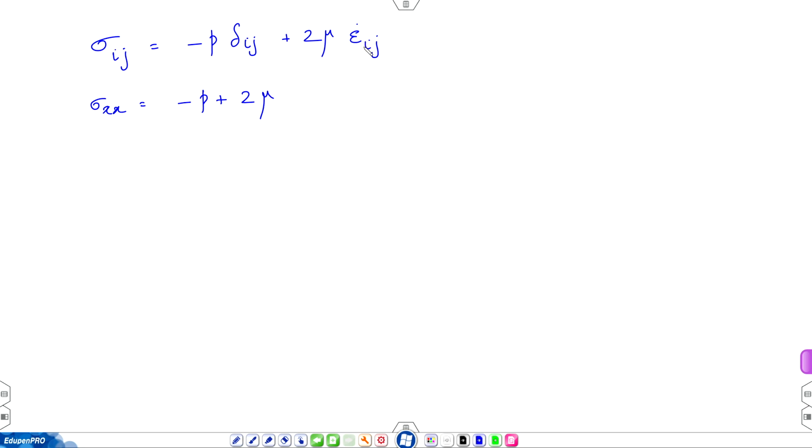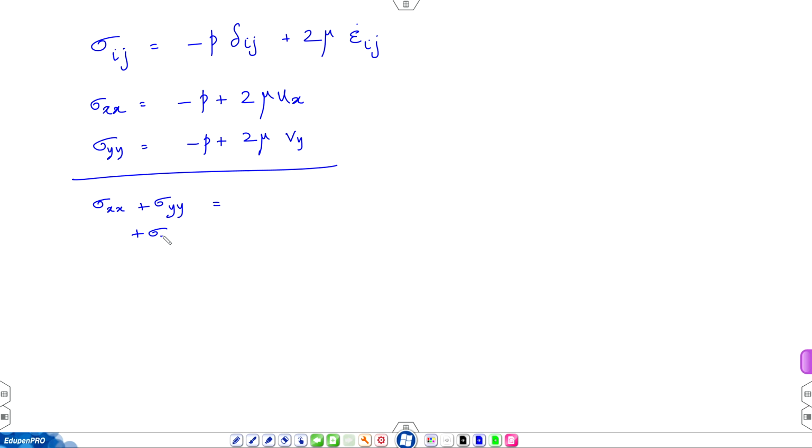To get the trace, you have to add these two: minus p plus 2 mu epsilon dot xx, that was u_x.